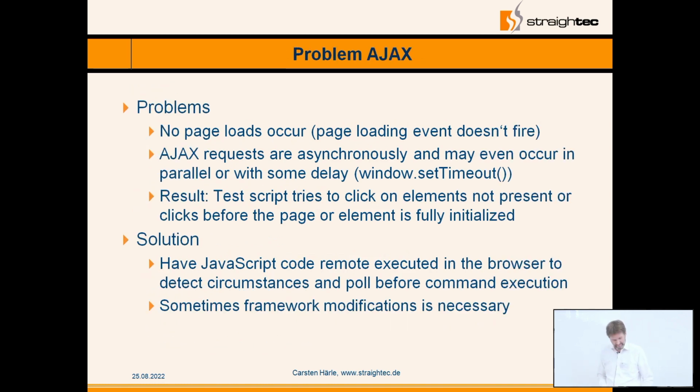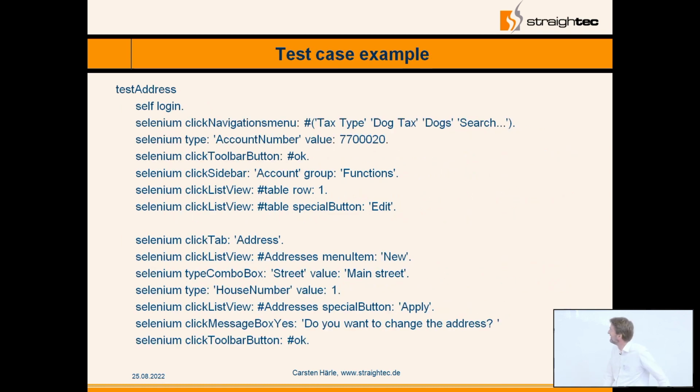So do you think that we can generate that by clicking on the application? Yeah, I had that at some point. With Selenium 1, it was possible to do that, but then you have to do some post-processing, and even then it was very complicated.